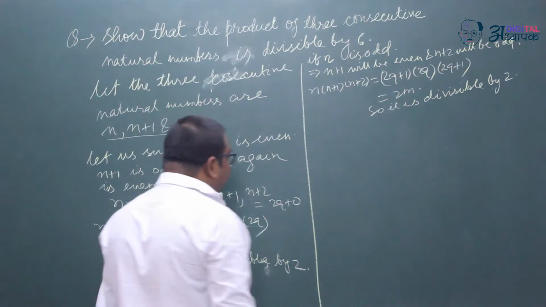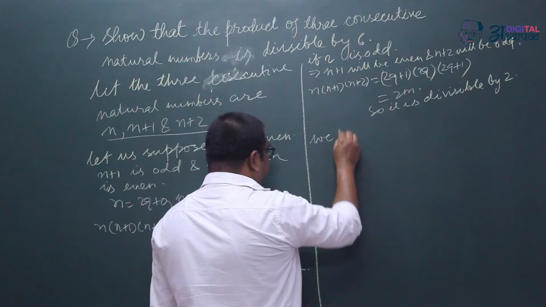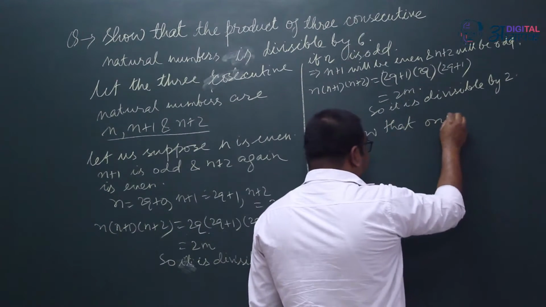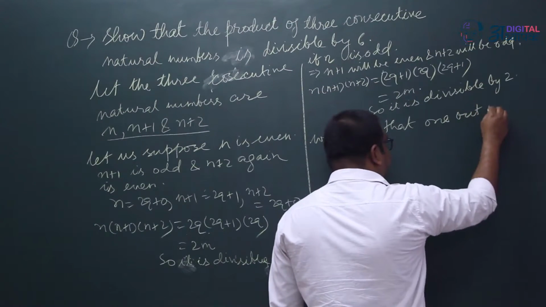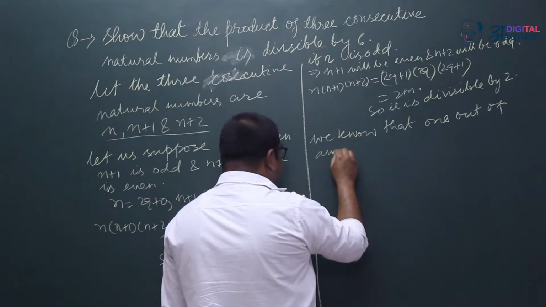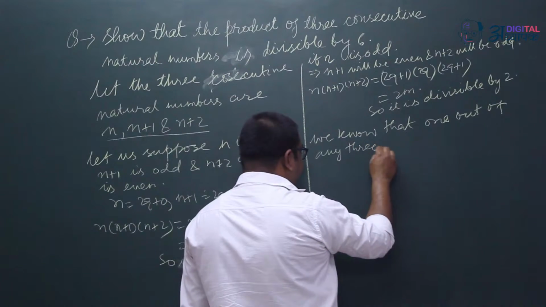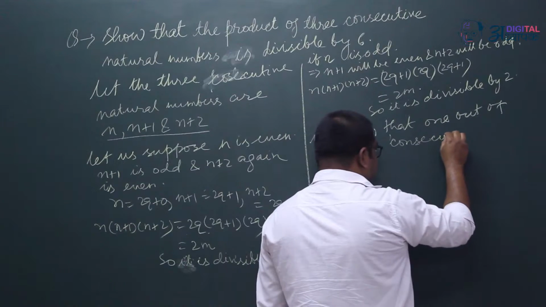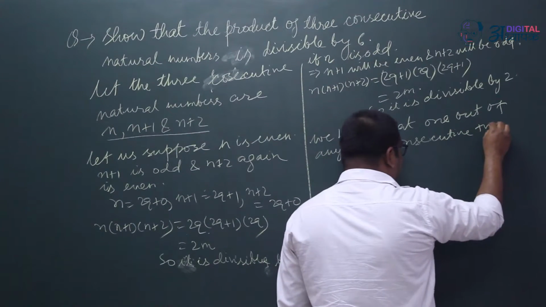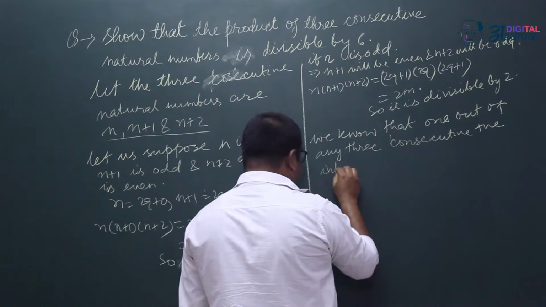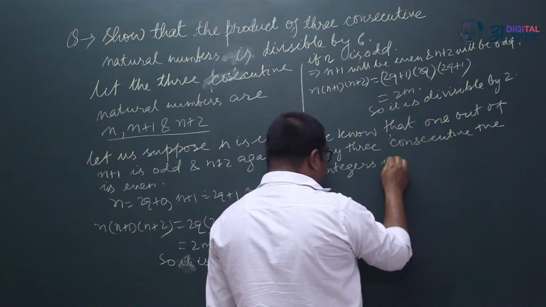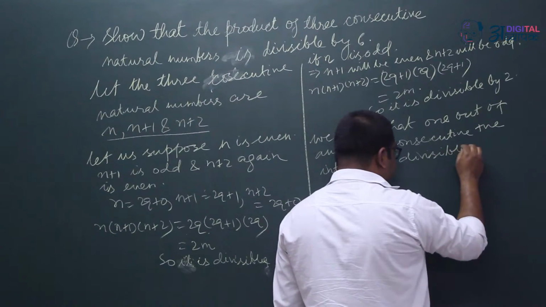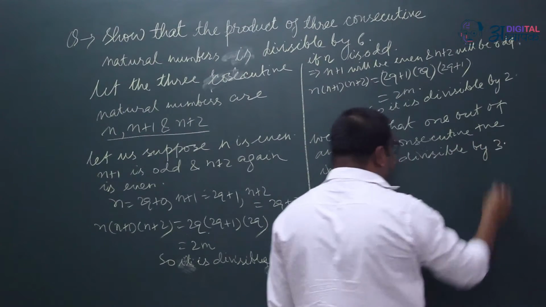So students, we already know that one out of any three consecutive positive integers is divisible by 3.